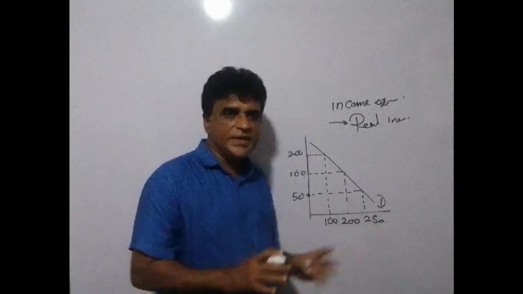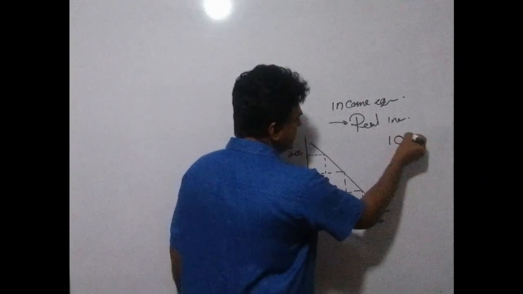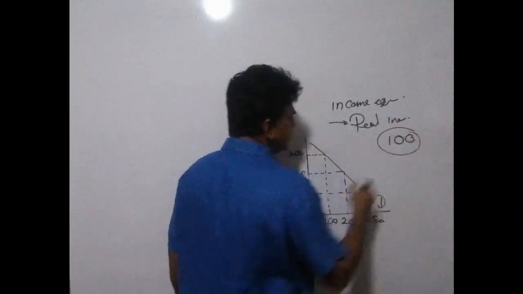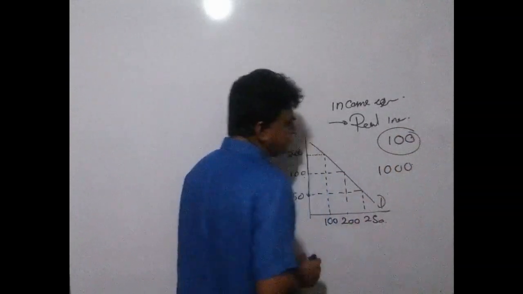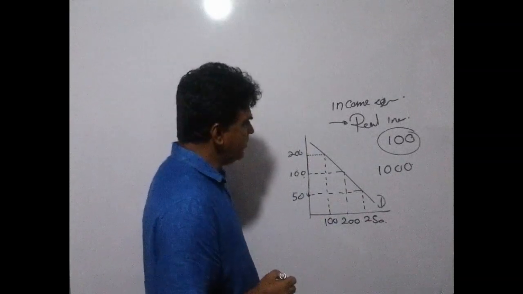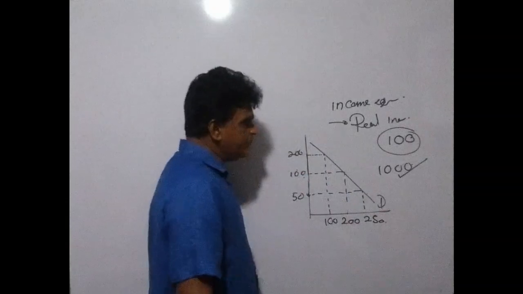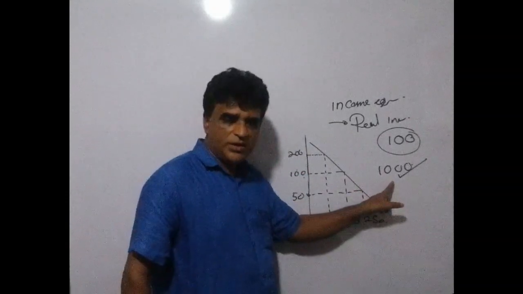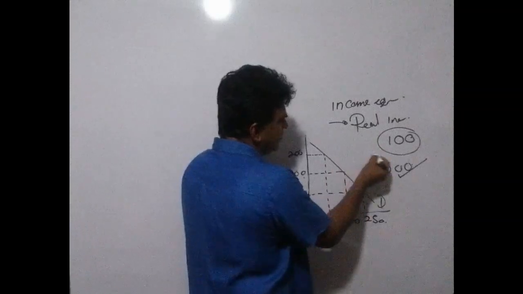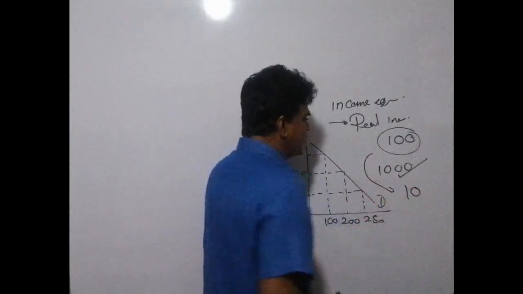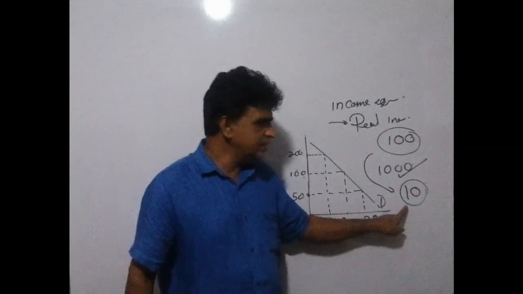Real income increases. As an example, think the price of butter is 100 rupees. The consumer's income is 1000. Now, this is this particular consumer's monetary income. But in the context of butter, the real income of this consumer is 10.